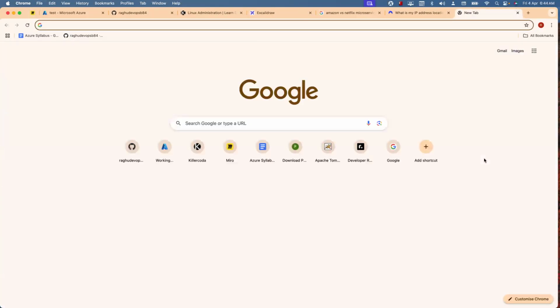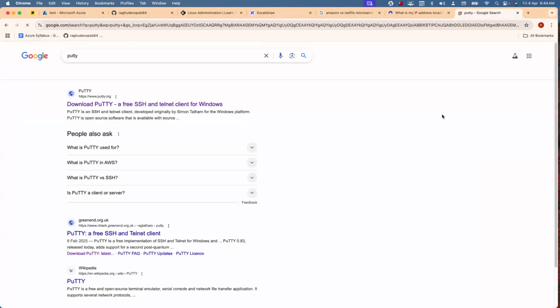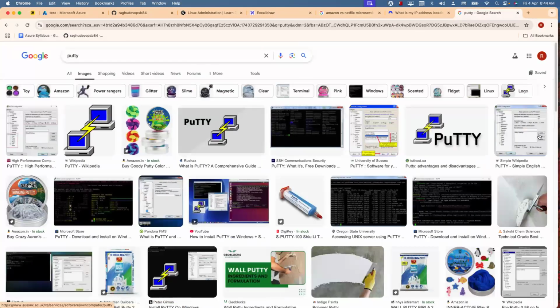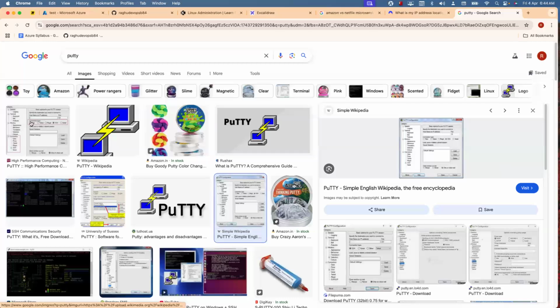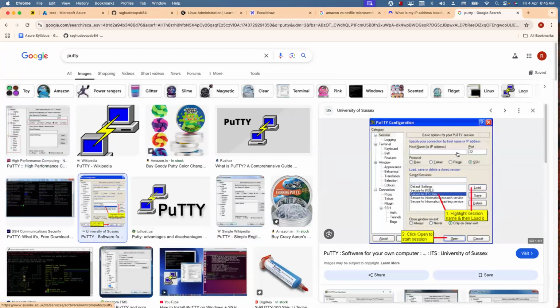When you're using PuTTY, you're hitting the server with precise port information. When you open it, on the left side you give an IP address, and on the right side, very precisely, you give port number 22.